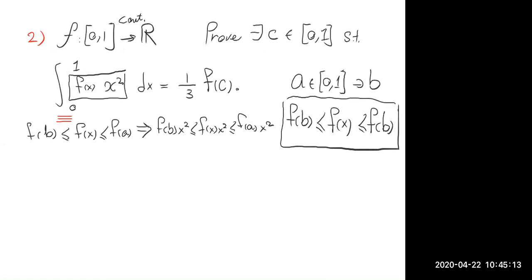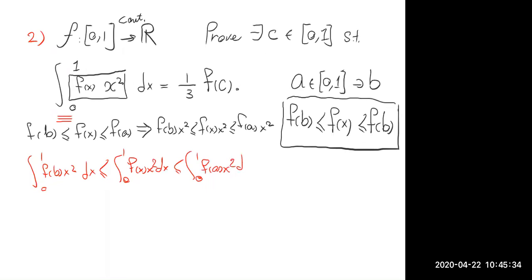And then we can take the integral of all of them. So the integral of f of b x squared dx is less or equal than the integral of f of x x squared dx, less or equal than the integral of f of a x squared dx.